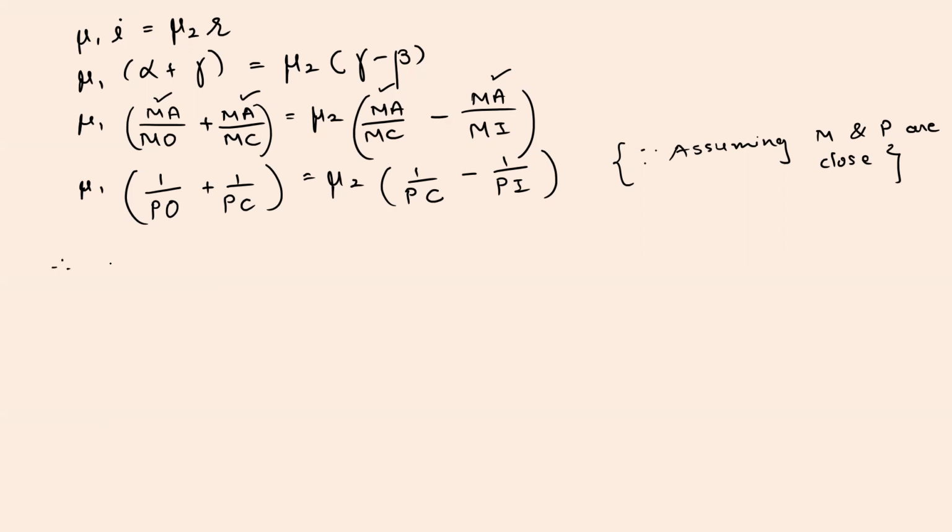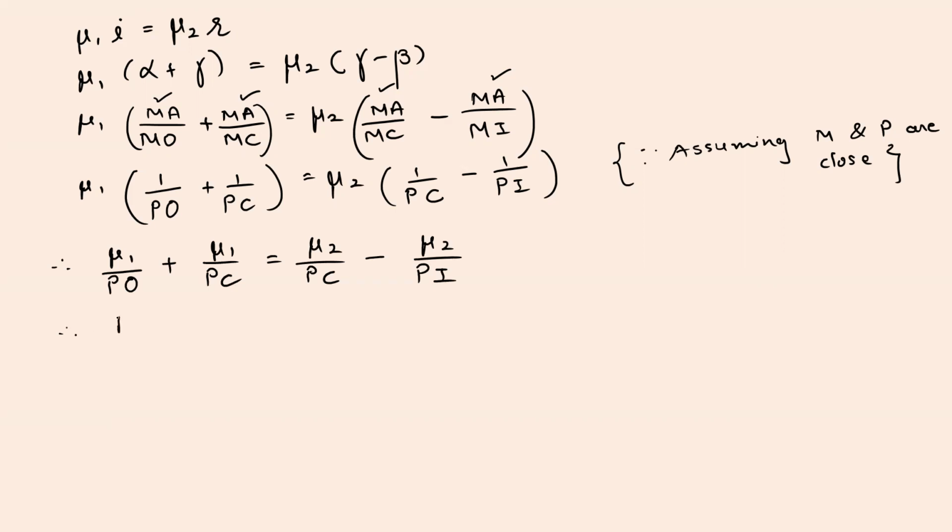So let's separate it. mu1 by PO plus mu1 by PC is equal to mu2 by PC minus mu2 by PI. I can take the PC terms to one side, so it will be easy for us.